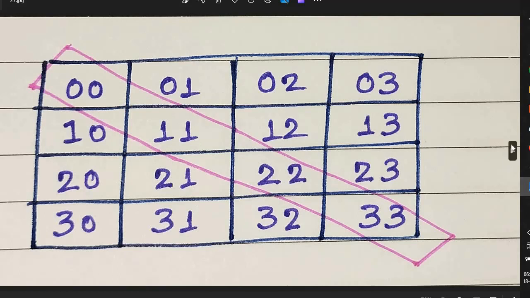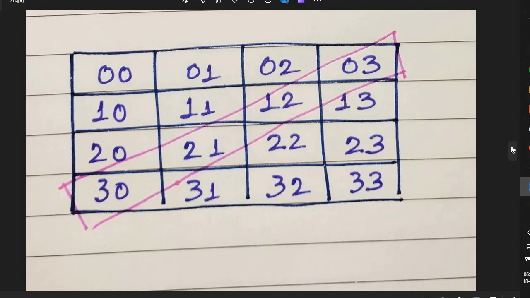In case of the next diagonal, you can see the value of i plus j equals 3. That means 0 plus 3 equals 3, 1 plus 2 equals 3, 2 plus 1 equals 3 and 3 plus 0 equals 3. As per the question, we have to make the sum of the left diagonal and the right diagonal separately. If both summations are the same, then the array is diagonal.